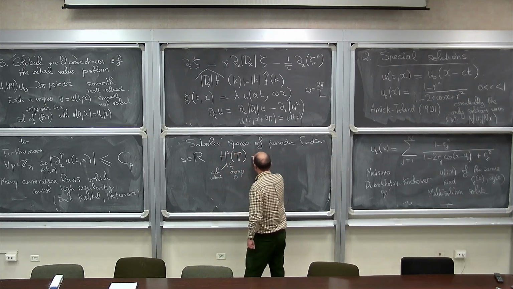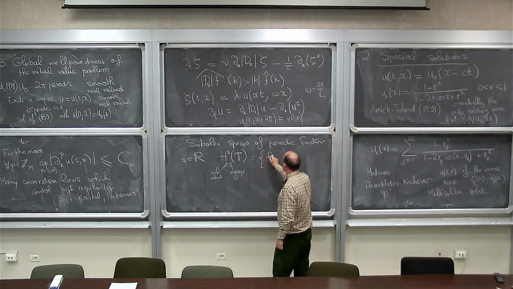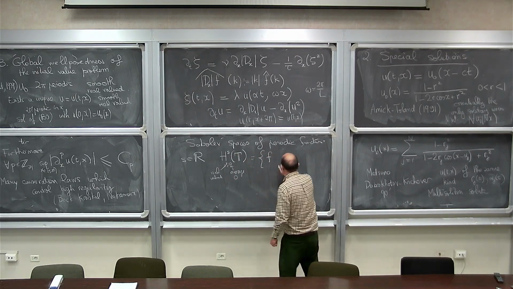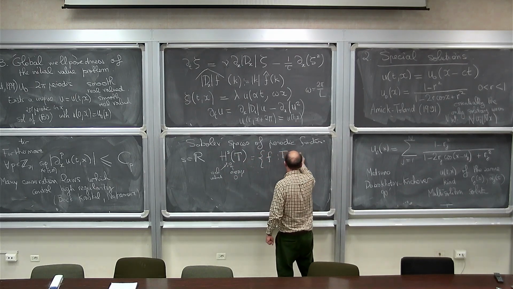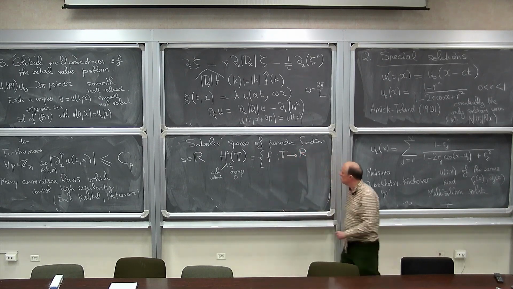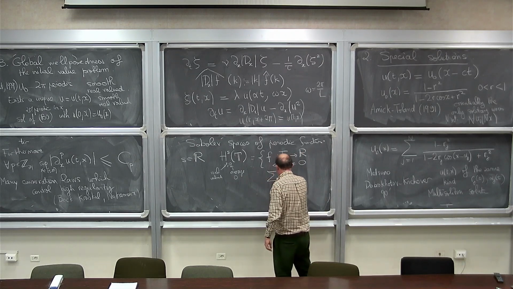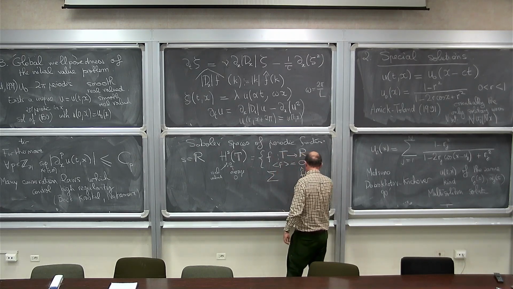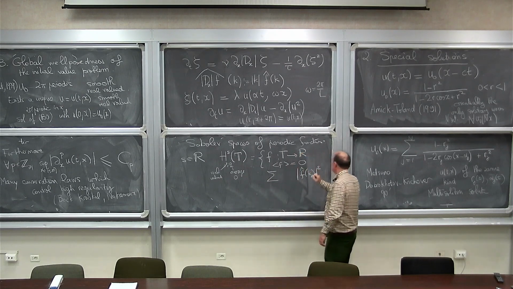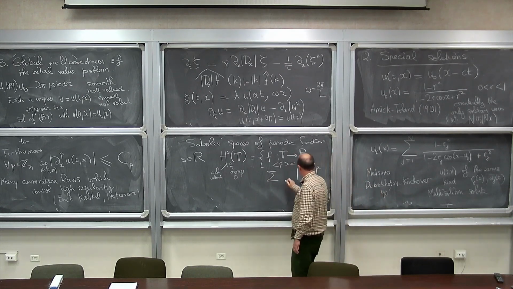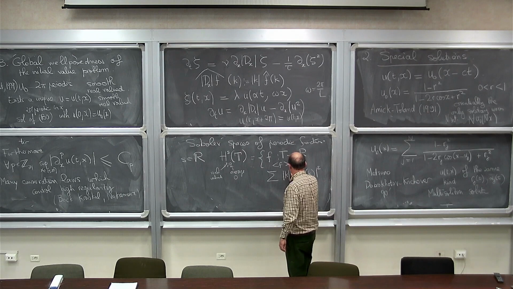So these are functions f from T to R, or distributions, so that the average of f is 0, and you demand that the Fourier coefficients satisfy that the following series is convergent.